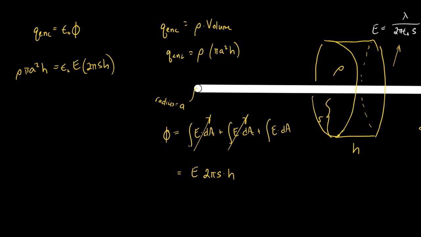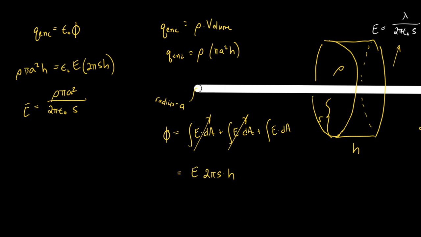And then I divide out all the things to get E equals, and I'm going to write it a little weird, but you'll see in a minute: rho pi a squared divided by 2 pi epsilon naught s. I'm not canceling out the pi's right now. I'm doing that on purpose.